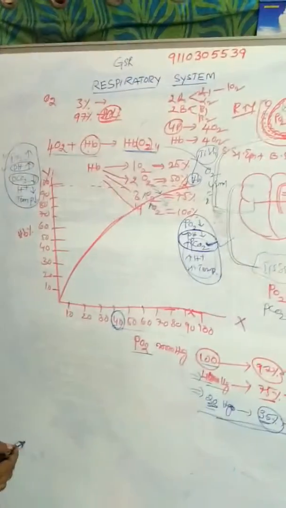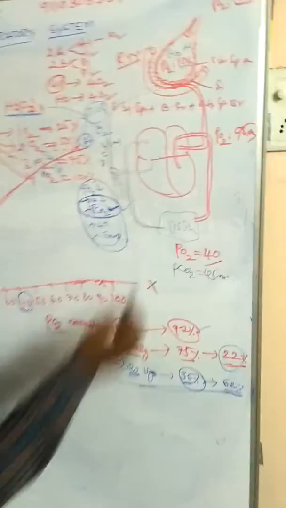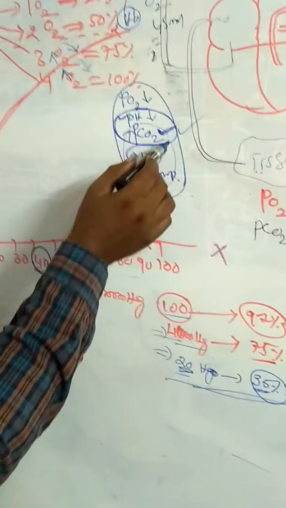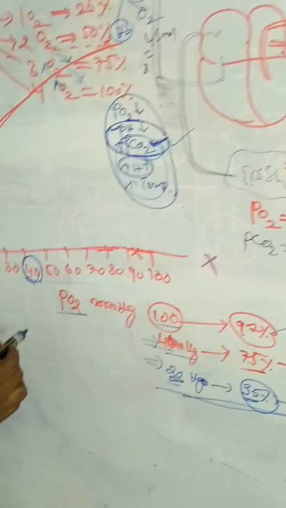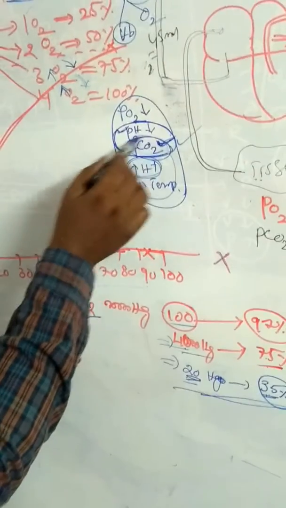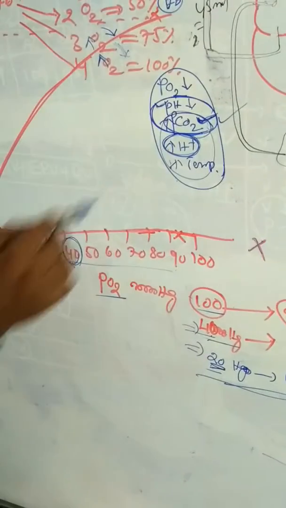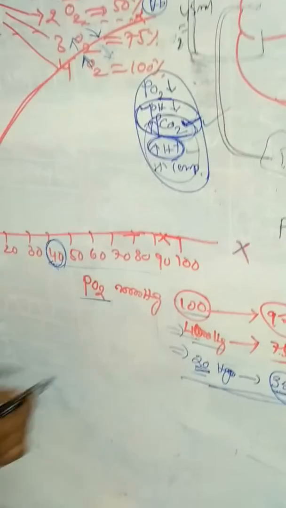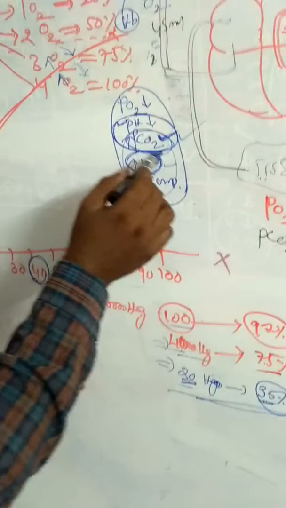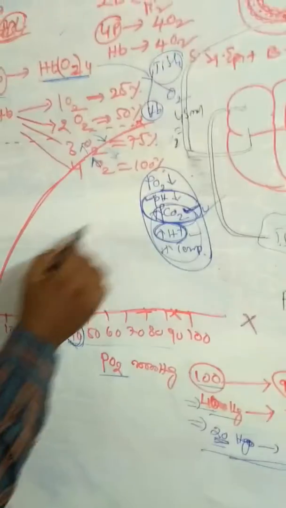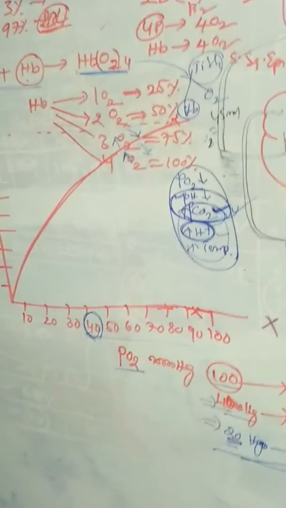And last one, near the tissues, conditions like high hydrogen ion concentration and high CO2 partial pressure affect the affinity of hemoglobin with oxygen.